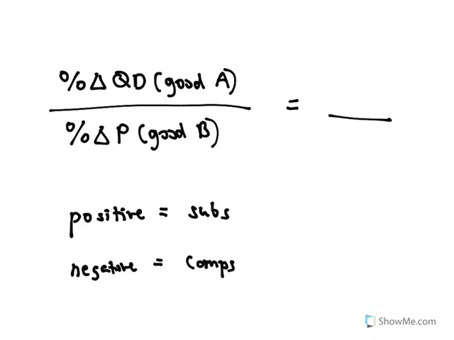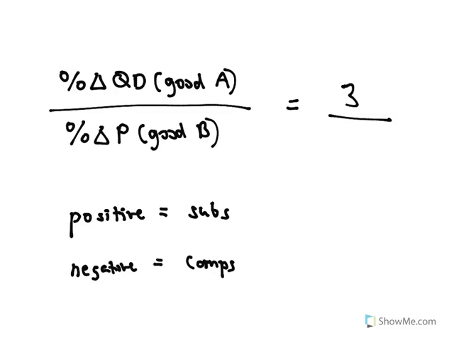Okay? The number itself, say it's a 3, tells us how strong the relationship is. How strong are they of complements or substitutes? So the greater the number, the more closely they're related as either substitutes or complements. But again, do not do absolute value here, because if you do, everything's going to be substitutes, when in reality, some of them may very well be complements.